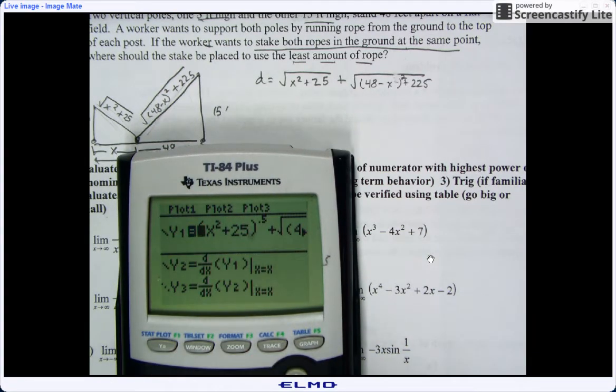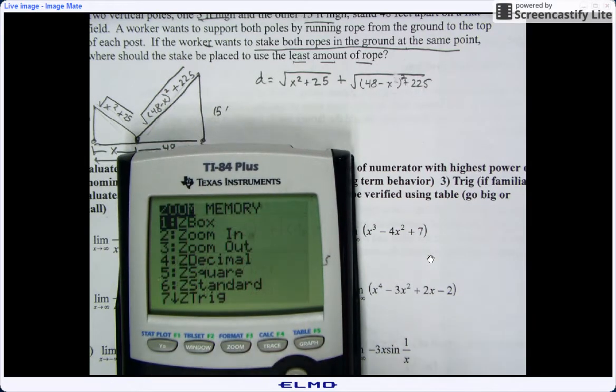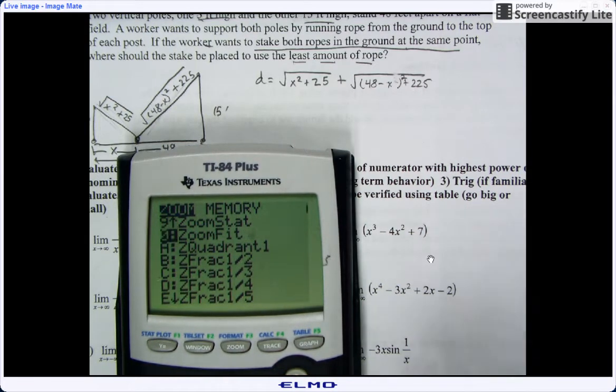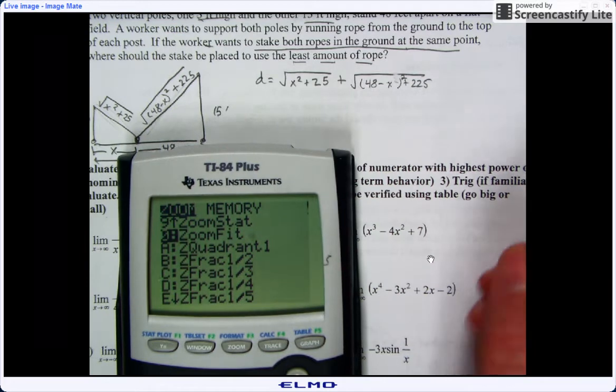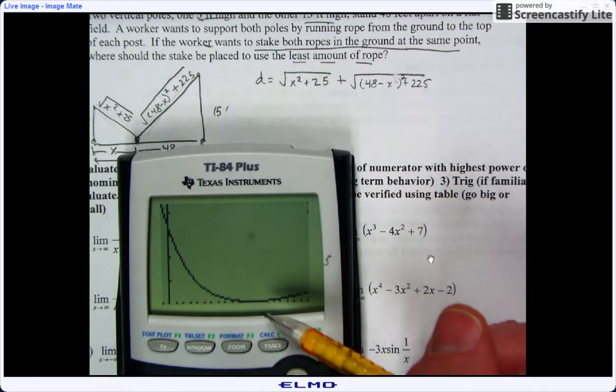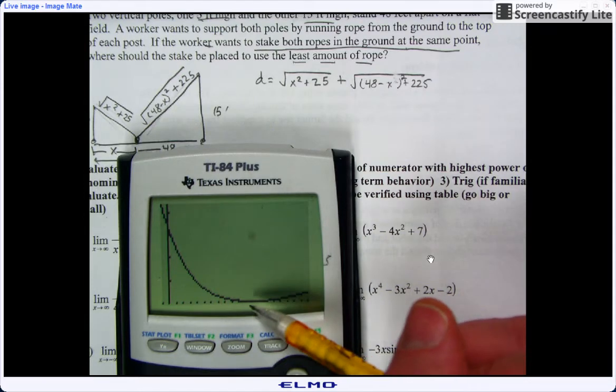So what you're going to find out is you keep messing with this thing, pretty soon you're desperate and you go to Zoom Fit. You see what Zoom Fit has in store. Oh, there it goes. So with Zoom Fit, the negative is you lose the axes. The positive is that you do get a graph.